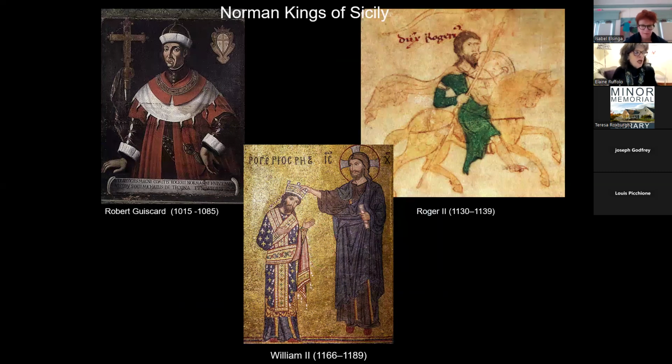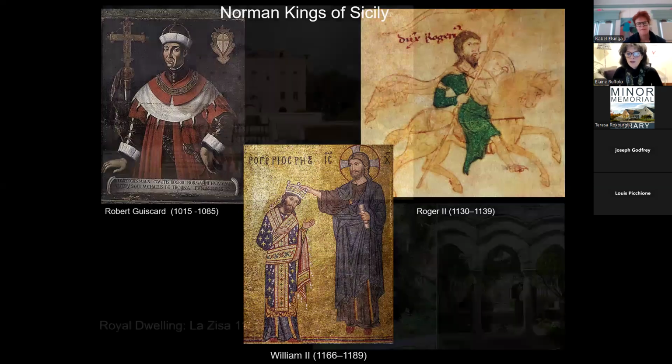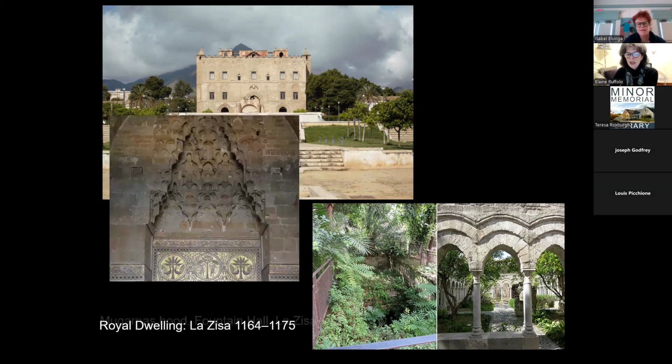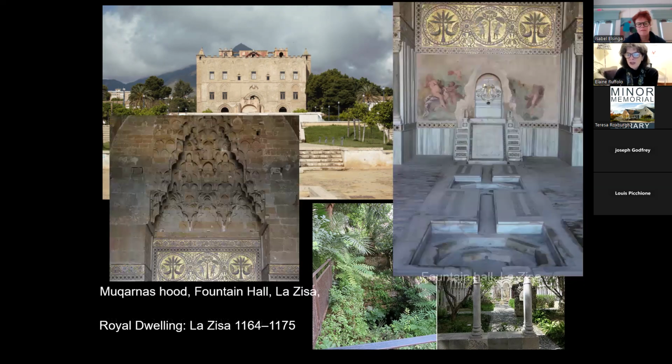And it was under these Norman kings that you have a wonderful period of peace, tranquility, building royal dwellings, not just ecclesiastical architecture, which I'm going to get to, but beautiful suburban royal dwellings. The architecture drew heavily upon the tradition of Islamic architecture.